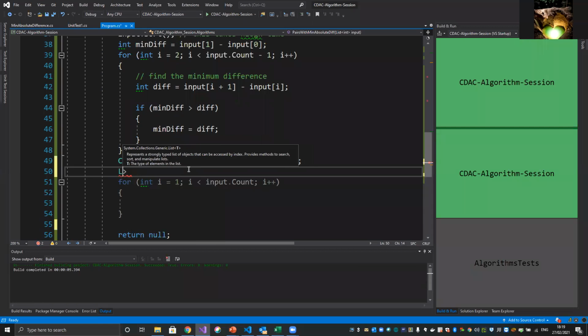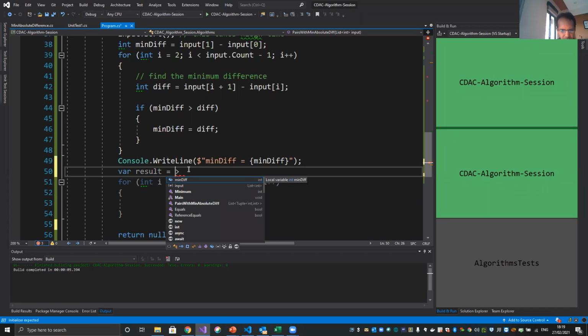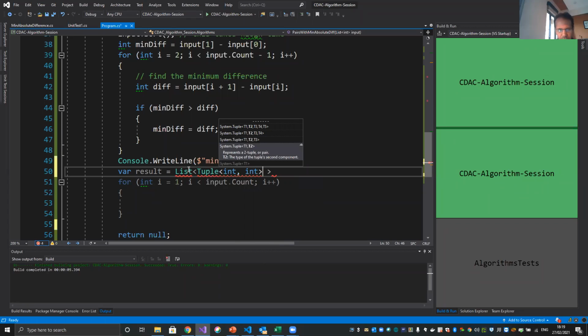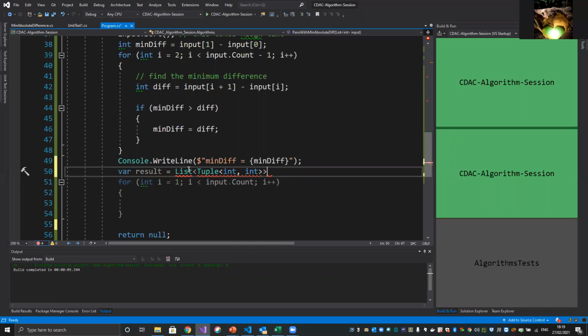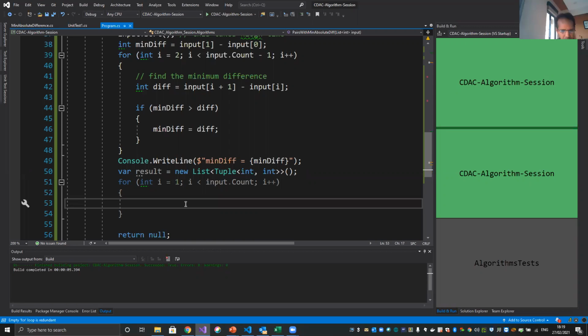So I say var result, let's say for brevity, result equals list of tuple of int comma int, and then we start populating this.